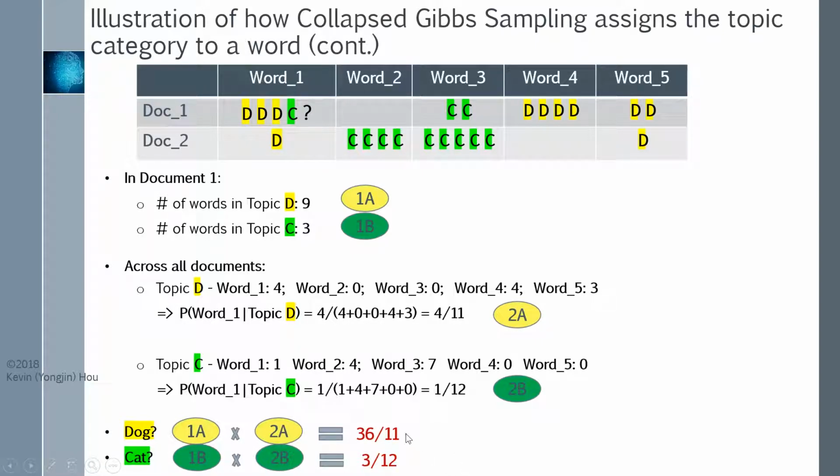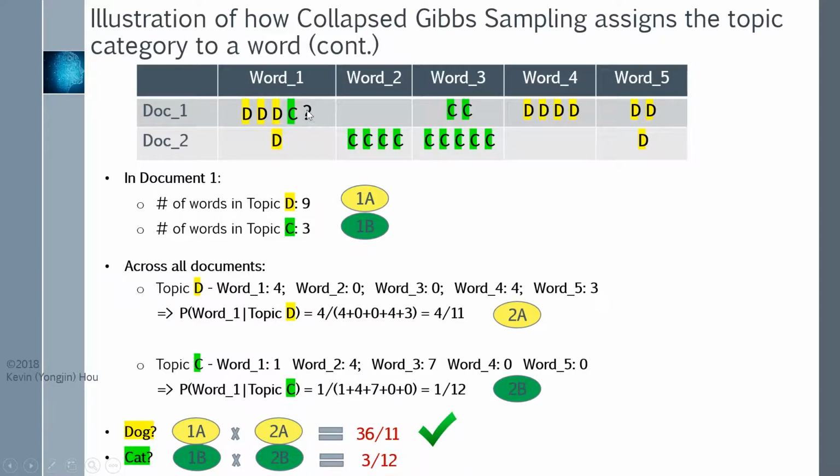Comparing these, the answer is: for this question mark, I assign the category dog, because this number is bigger than this number. Given all the information, the topic assignments for all the other words across all the documents, it makes more sense to assign the question mark, this particular word 1 in document 1, to the dog category.